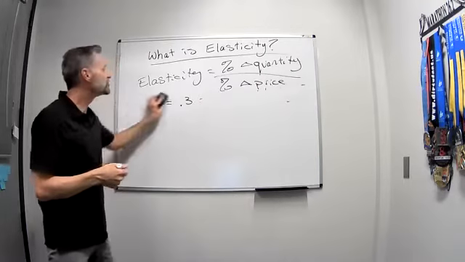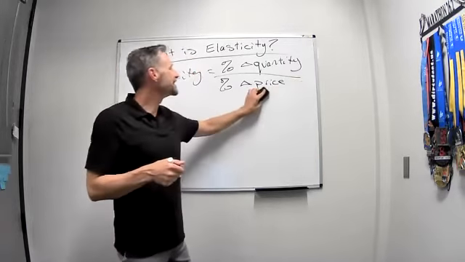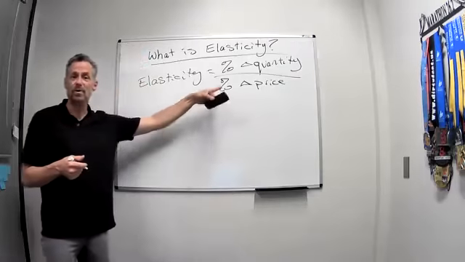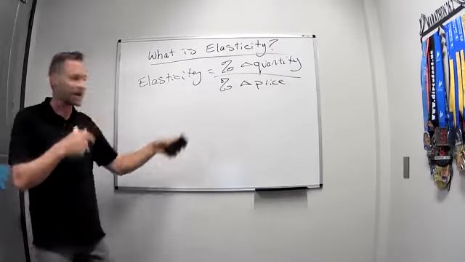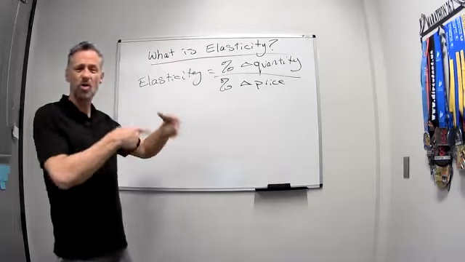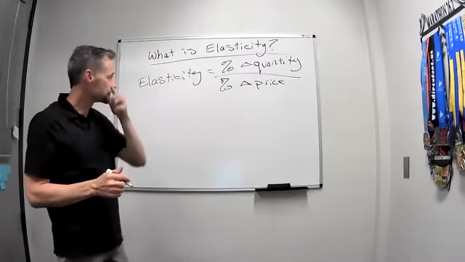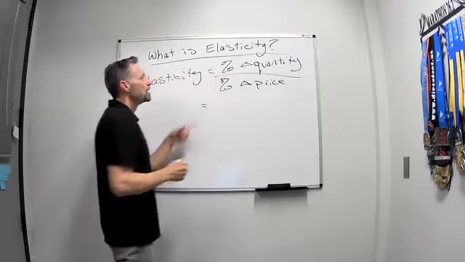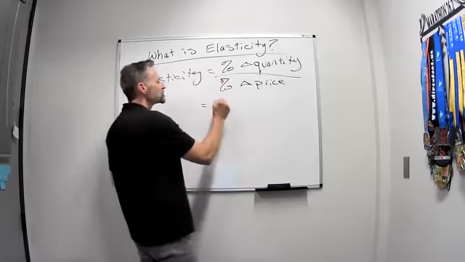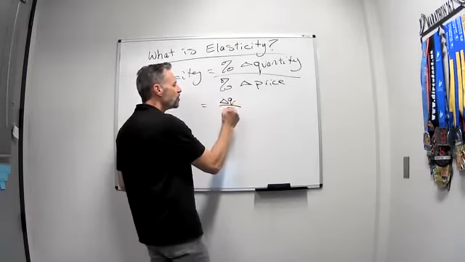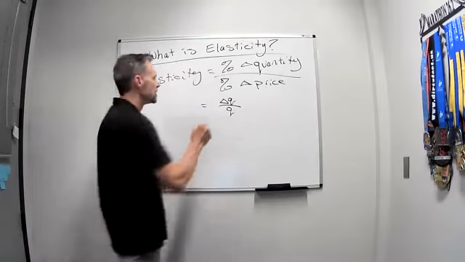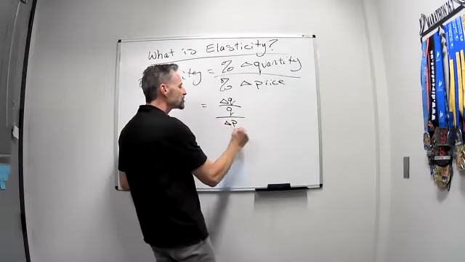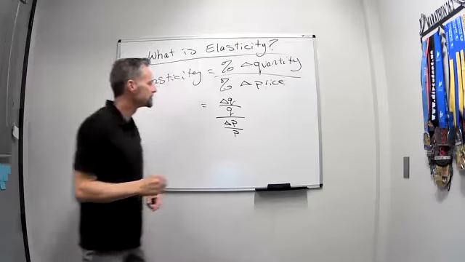So let's take this idea, and if you want to see where the formula comes from, I'll show you that. If you just wanted to know the idea of what it means, we're actually done, but I'm going to keep going, and we're going to show where this formula comes from. So let's say this, percent change in quantity. So we're saying the change in quantity over what the original quantity was, and the change in price over what the original price was.